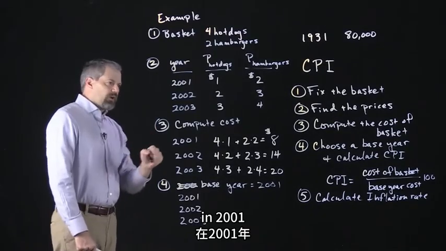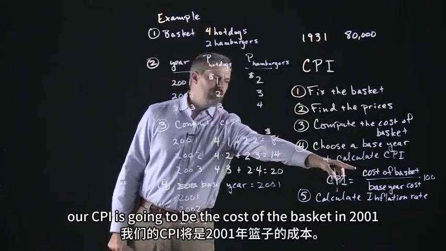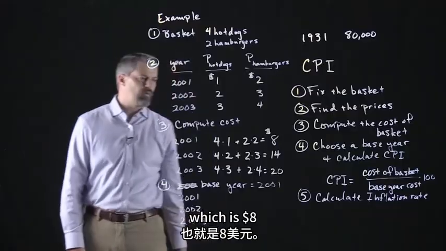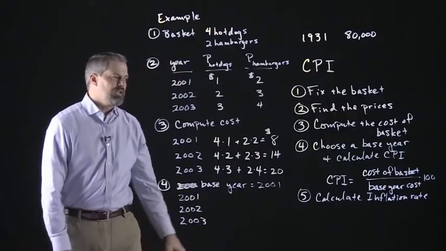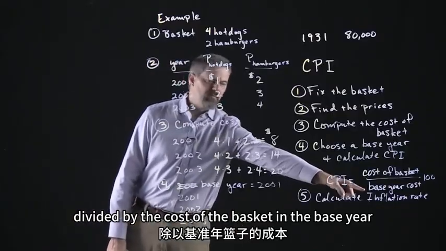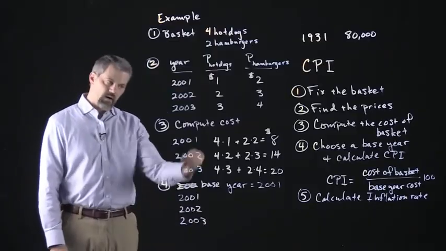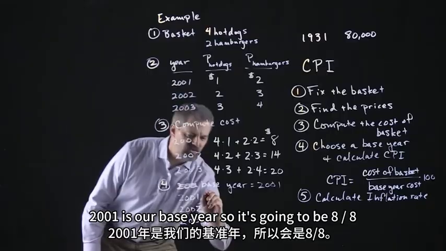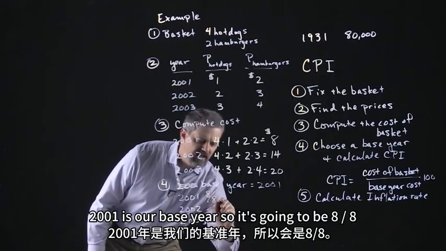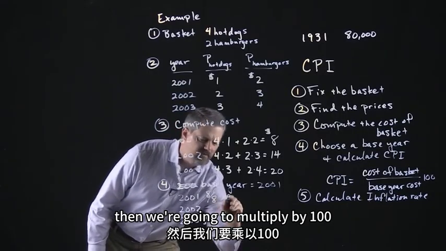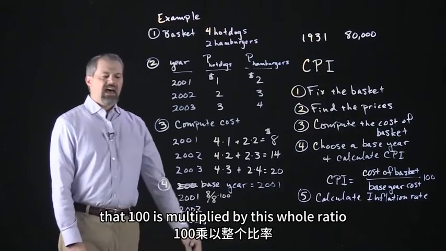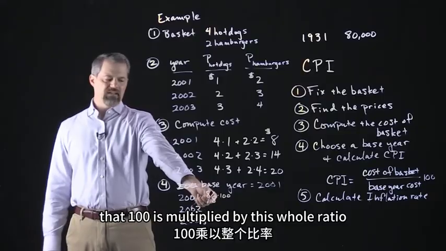In 2001, our CPI is going to be the cost of the basket in 2001, which is $8, divided by the cost of the basket in the base year. 2001 is our base year, so it's going to be 8 divided by 8, then we're going to multiply by 100. That 100 is multiplied by this whole ratio.